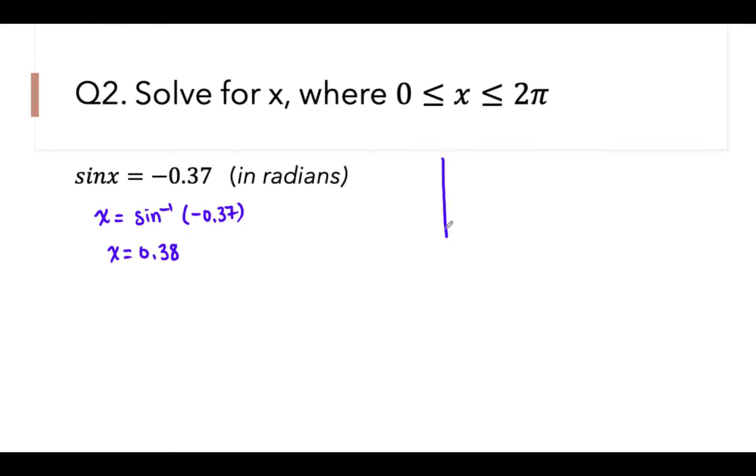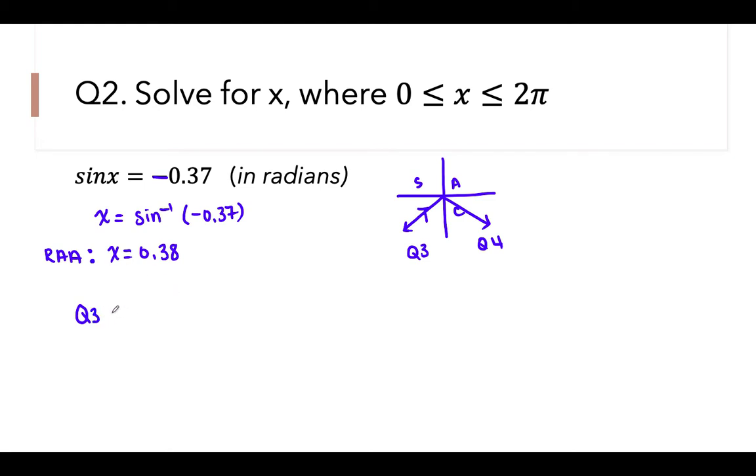So what does that mean? Well, using my CAST rule, let's figure out where my sine is negative. Sine will be negative in quadrant 3 and negative in quadrant 4. So therefore, to find the angle, we know x, this one, 0.38, is an acute angle, so I could say related acute angle.